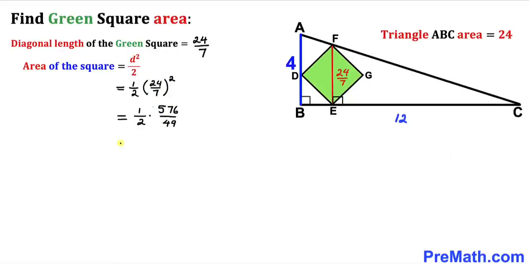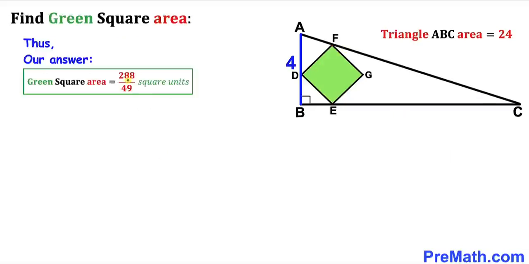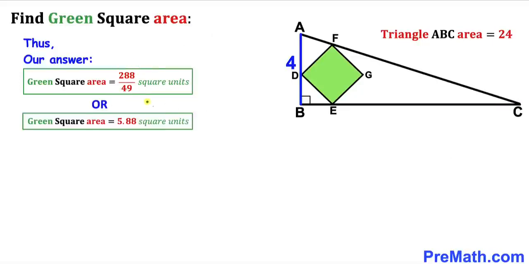So therefore we can reduce this and it could be written as 288 divided by 49 square units, the area of this green square. So thus the area of this green square turns out to be 288 divided by 49 square units. And that could also be written as equal to 5.88 square units.